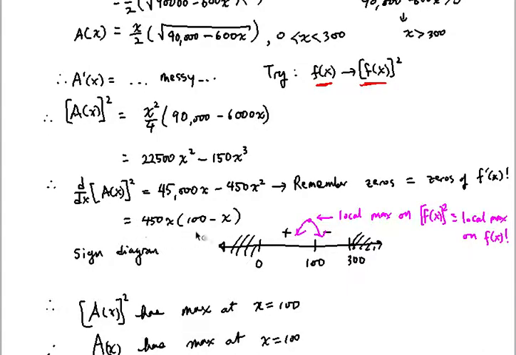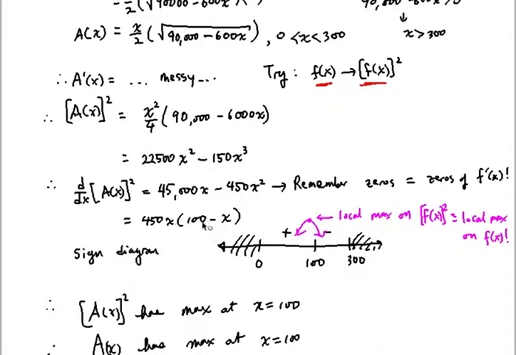Then I use a sign diagram, or you could check concavity once you find the zeros. But in this case, I'm just going to use the sign diagram. So I have from 0 to 300 as my restricted domain.